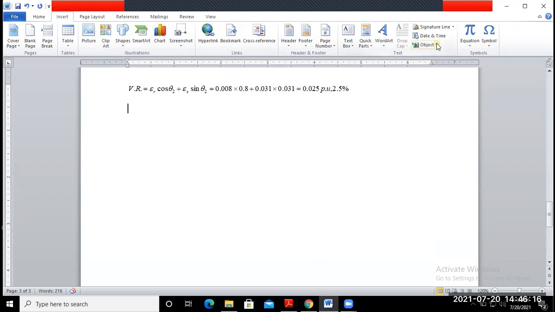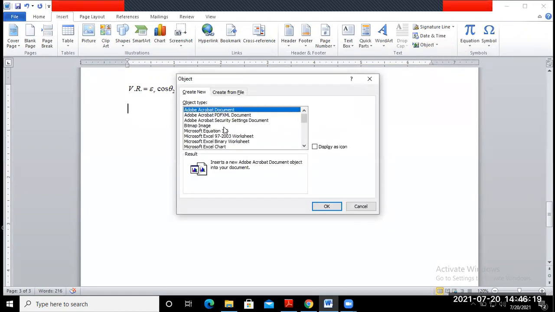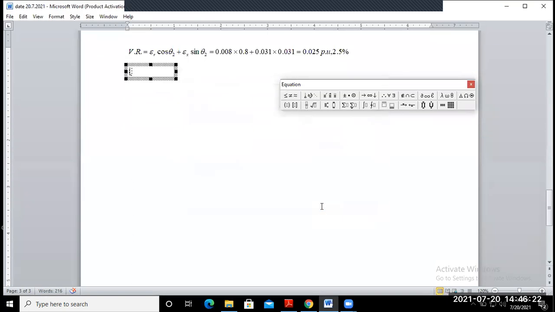So E2 minus V2 divided by E2 equal to 0.025.